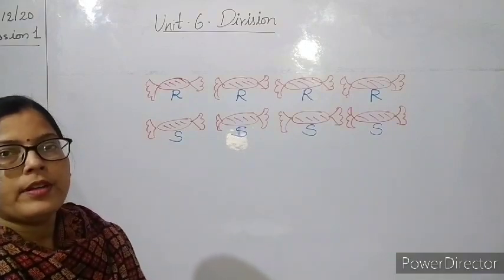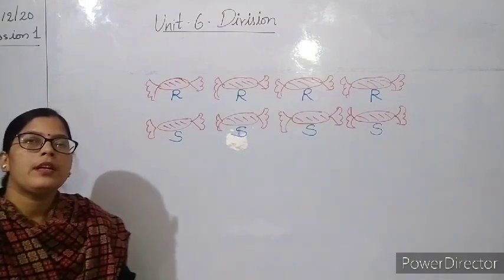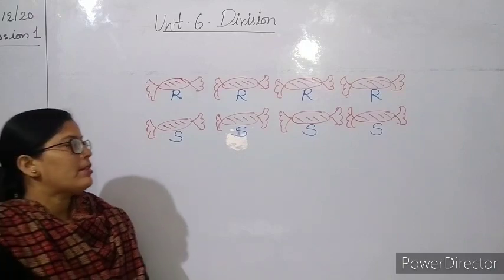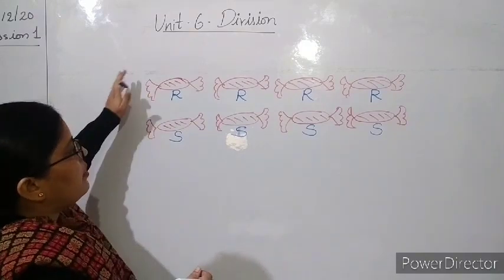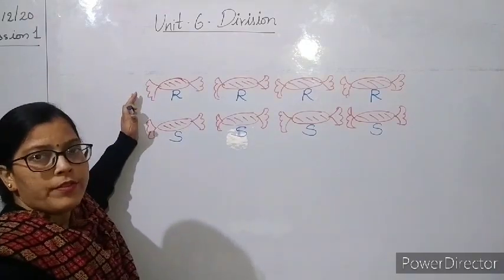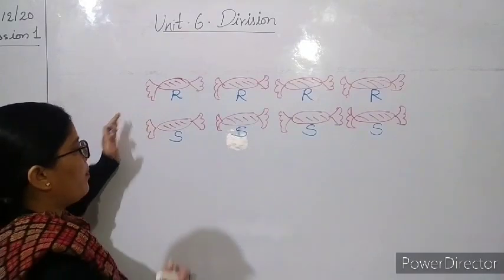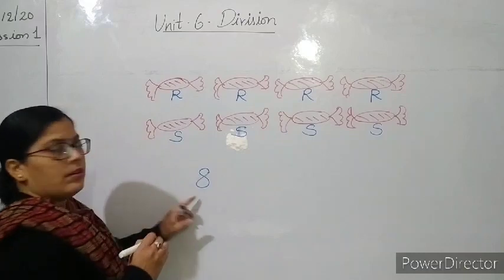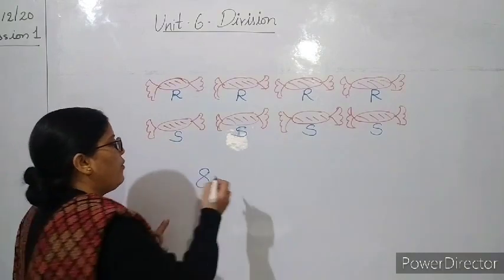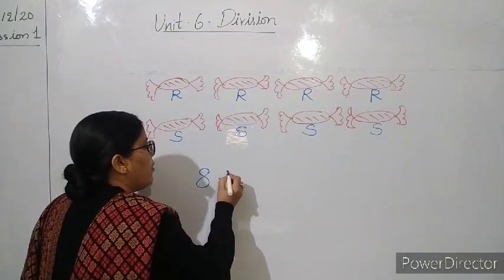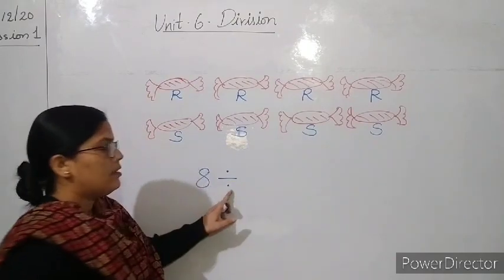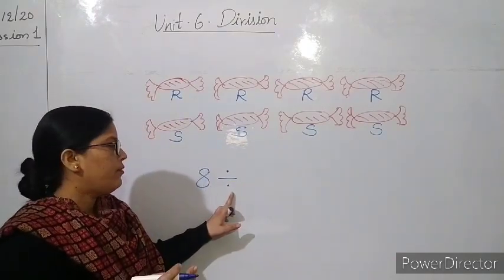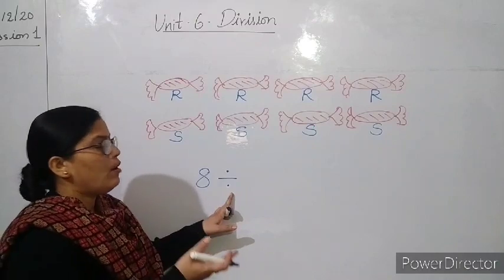Now, there are different terms which are used in division. Okay, so listen carefully. Now, suppose here there are 8 toffees. So we'll write number 8. Okay, then we'll write the symbol of division. This is the sign of division, or you can say symbol of division.